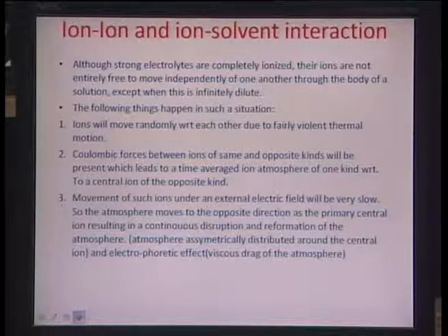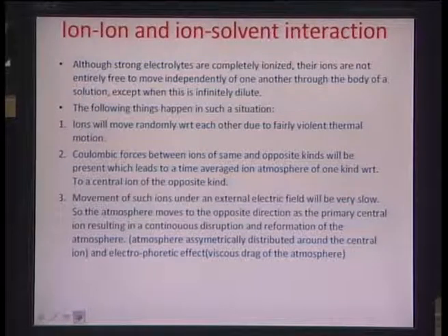So what are the main mechanisms of movement of ions? One mechanism is their violent thermal motion. The ions almost always undergo a so-called random walk process because of thermal energy which is inherent to any system, and these ions would walk randomly within the solution. That is one kind of motion. Then there are Coulombic forces between the ions of the same or opposite kinds.